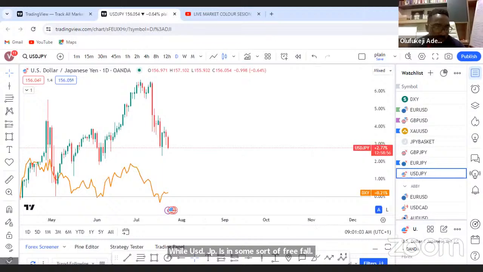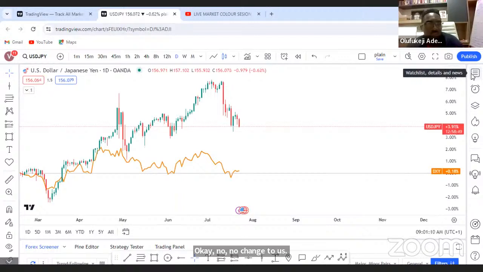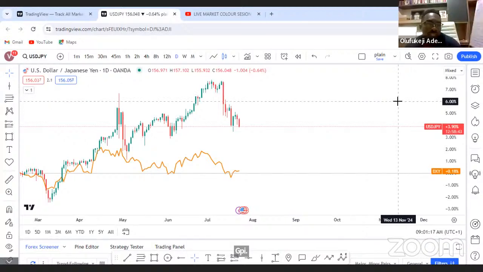I wanted to compare USD JPY in the middle of the yen basket and dollar index, so we could see why it has been collapsing.